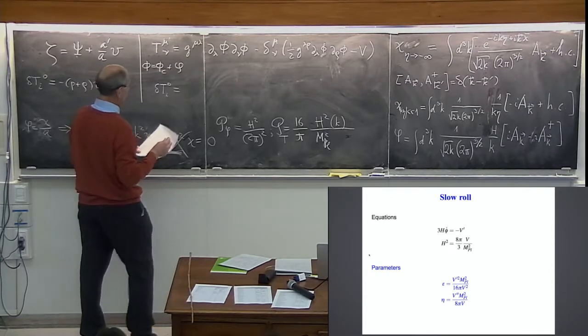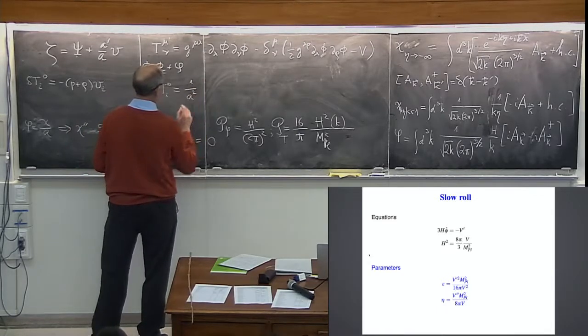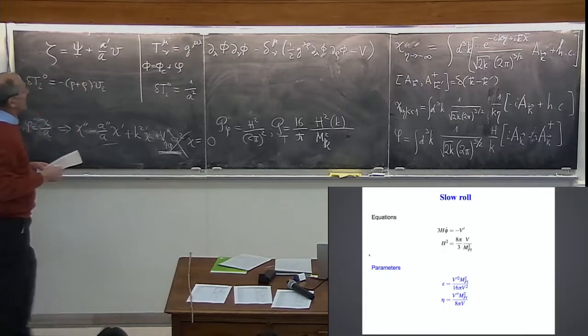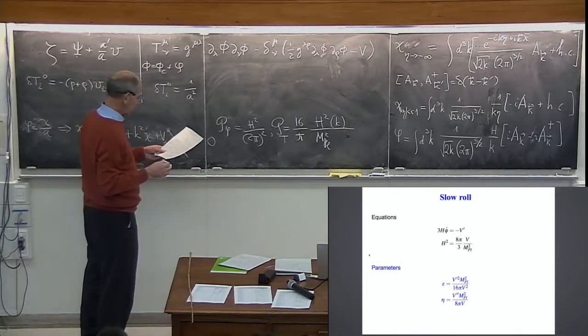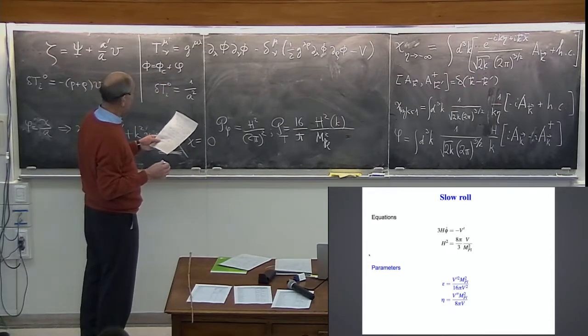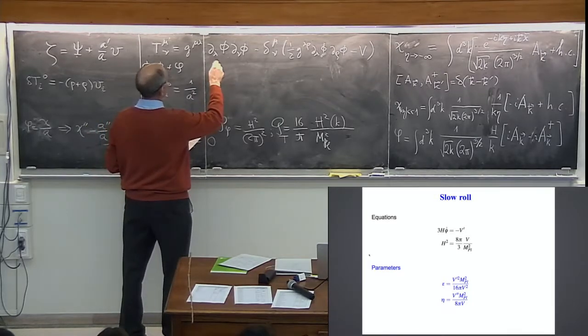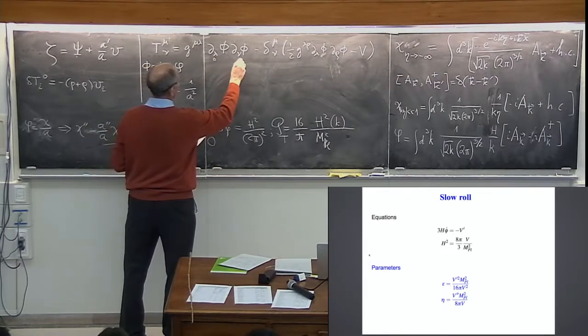Let's see, where is it? It's 1 over A squared, which comes from the metric here, times, and here I have 0 for lambda and I for nu.